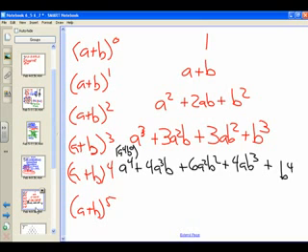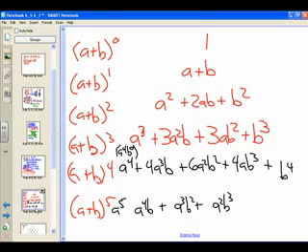So here, without even looking, I know this one has just the letter part, a to the 5th is going to be a to the 4th b plus something a cubed b squared plus something a squared b cubed plus something a b to the 4th plus b to the 5th.